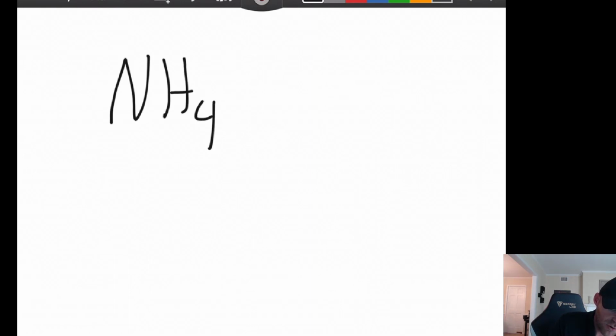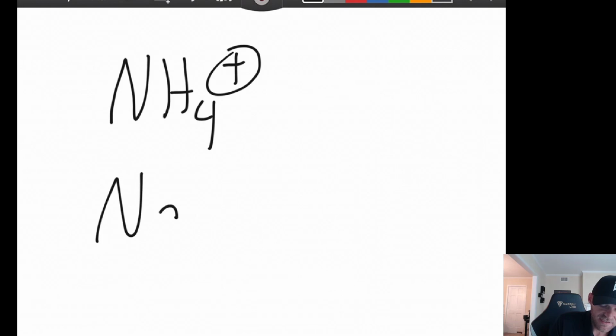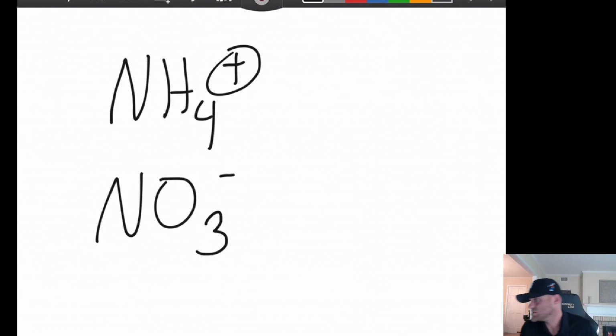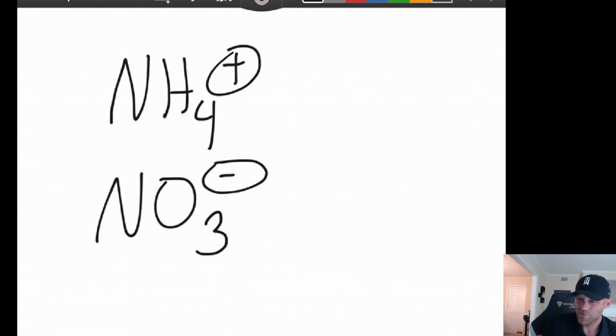Okay, so ammonium, both of these are polyatomic ions that are on your chart. So ammonium is NH4 with a plus charge. Nitrate is NO3 with a minus charge. Double check that. Yes. Okay, so the same rules apply.